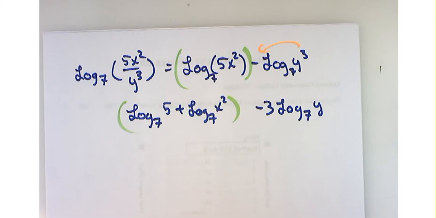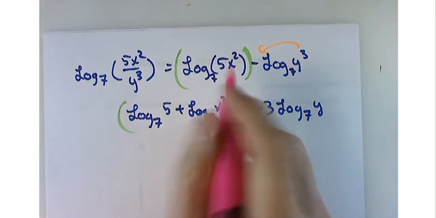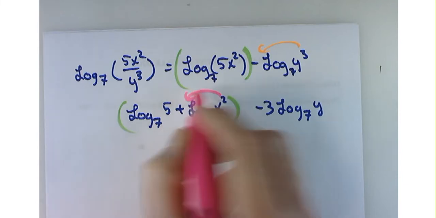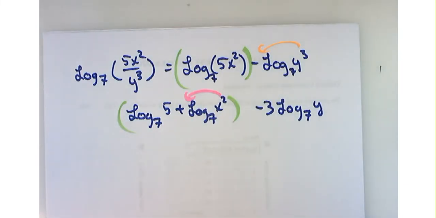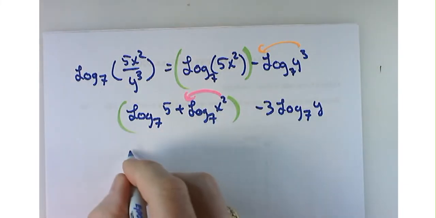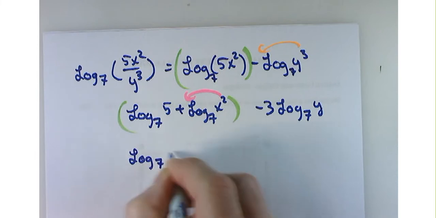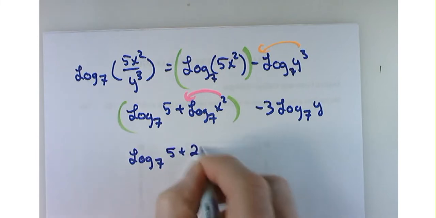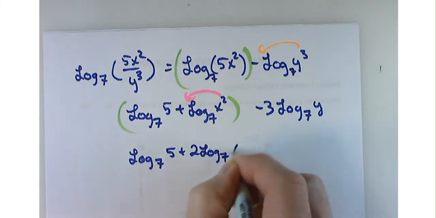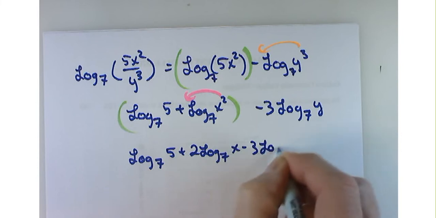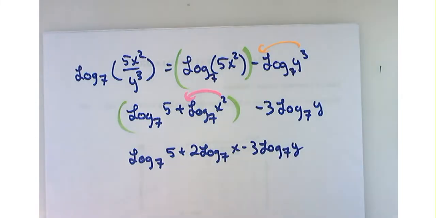Can anyone see one more thing I can do before I'm exhausted with my product rule, quotient rule, and power rule? Put the exponent in front. Yeah. The 2 comes out in front. And that'll be it for this one. So I end up with log base 7 of 5 plus 2 times the log base 7 of x minus 3 times the log base 7 of y. Beautiful.